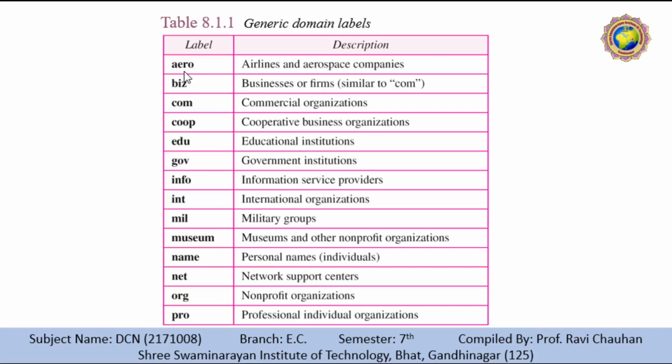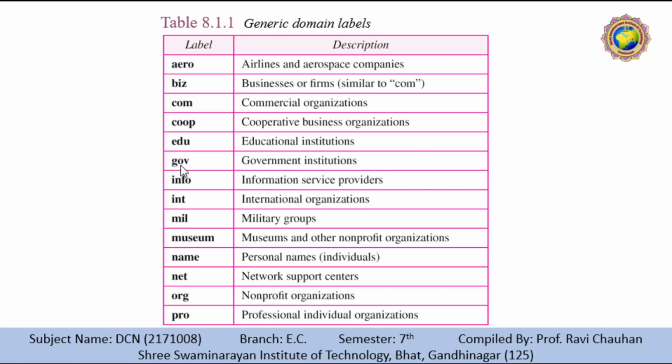AERO is for airlines and aerospace companies, BIZ is for businesses and firms, COM is generally used for commercial organizations, COOP is for cooperative business organizations, EDU is for educational institutions.